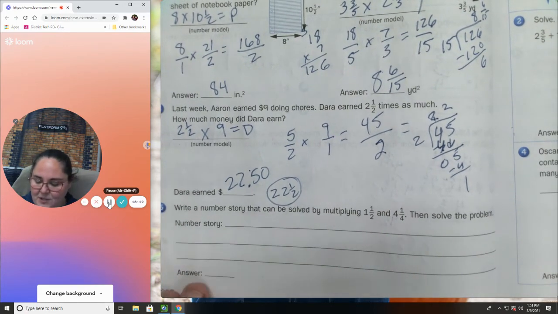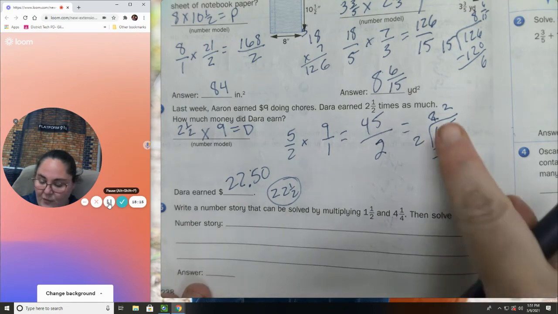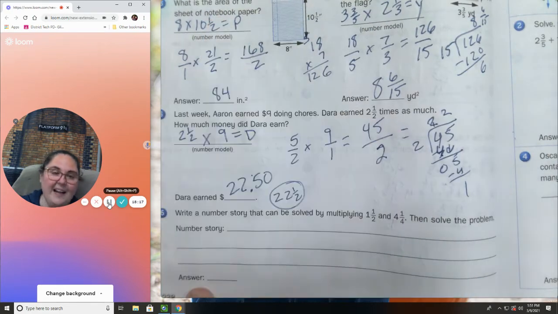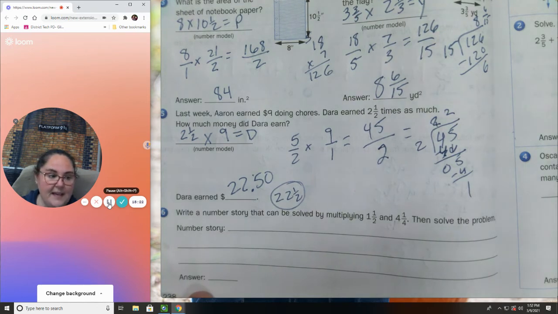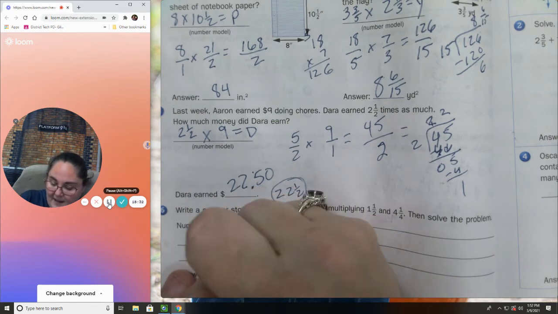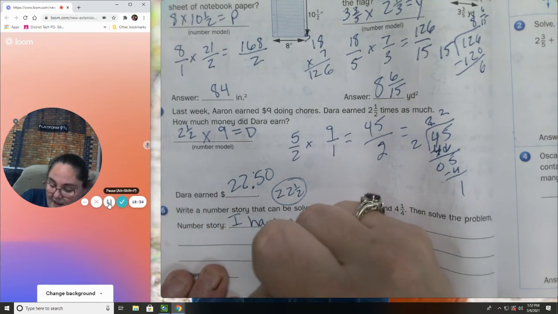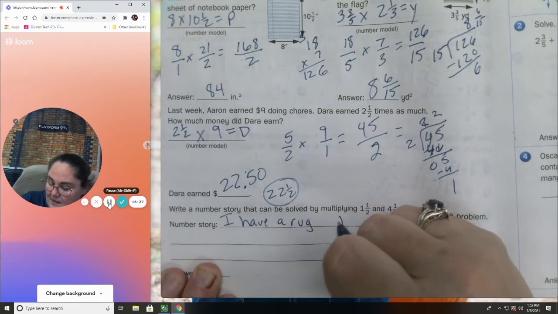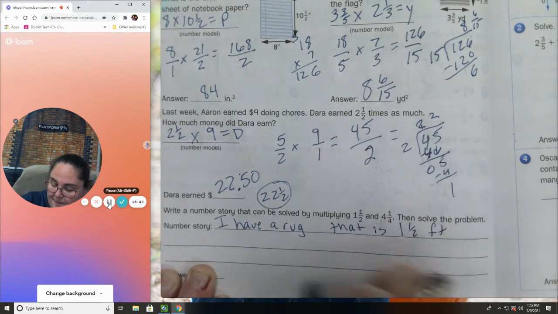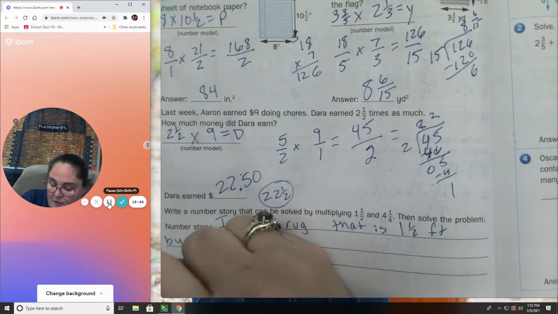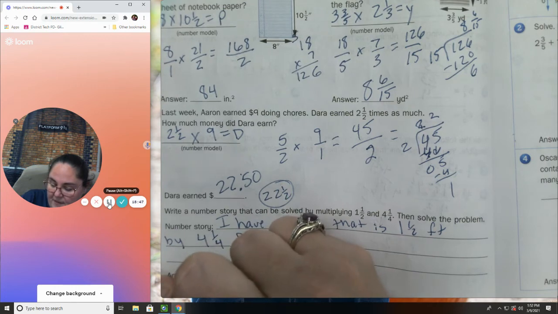And finally, a number story. Guys, you have one number story here and 2 kind of number stories there. You can use that to help you. It says, write a number story that can be solved by multiplying 1.5 and 4 1/4. I have a rug that is 1 1/2 feet by 4 1/4 feet.